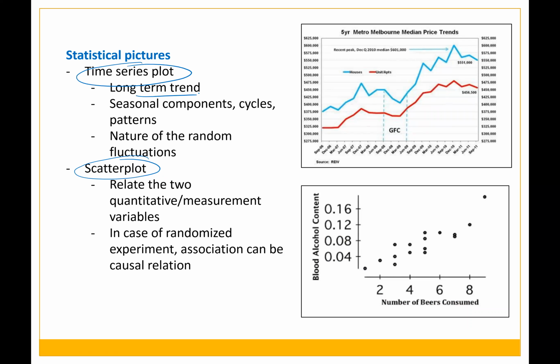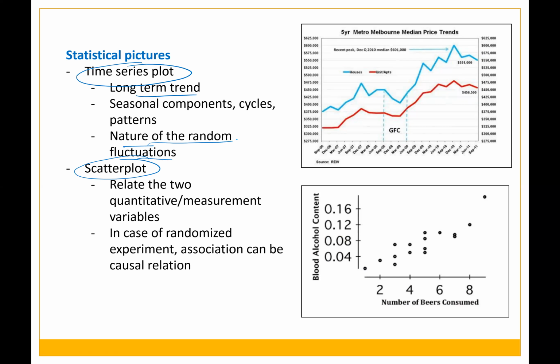We're also looking for things like seasonal components, cycles, or patterns, and most of the time we want to compare different time series plots together to draw some conclusion about what the nature of it is that creates this fluctuation.